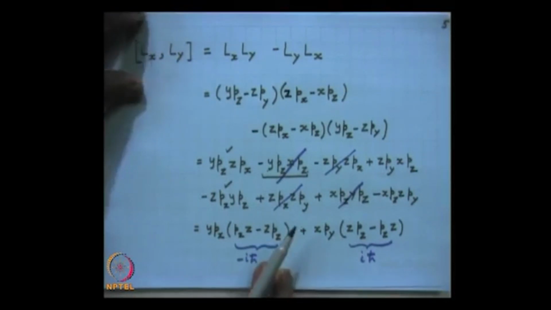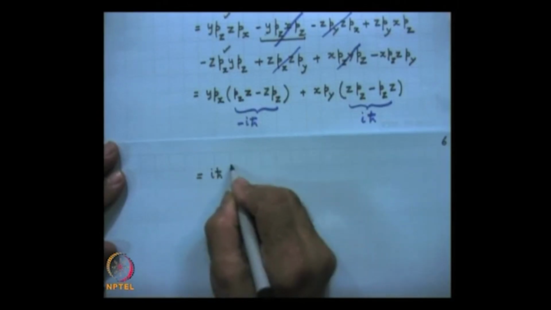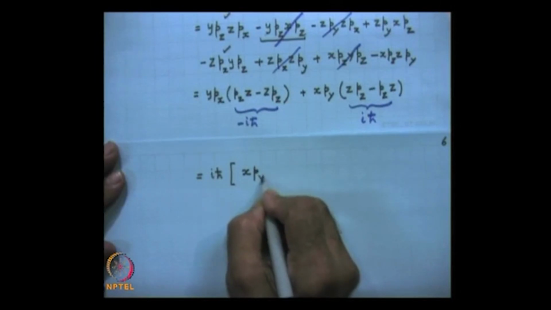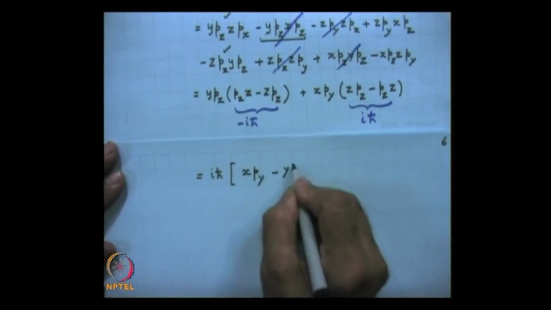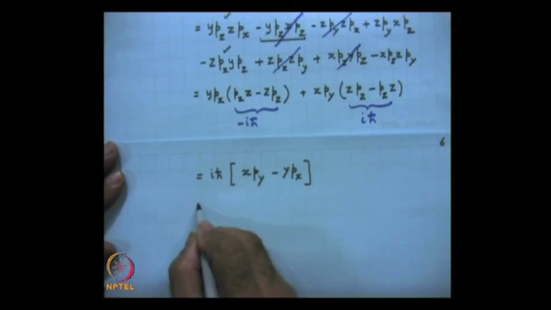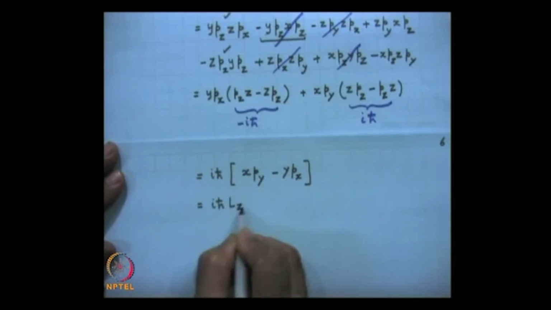So, if I take i h cross outside, we will have i h cross x p y minus y p x. So, this is nothing but Lz. So, we will get i h cross Lz.